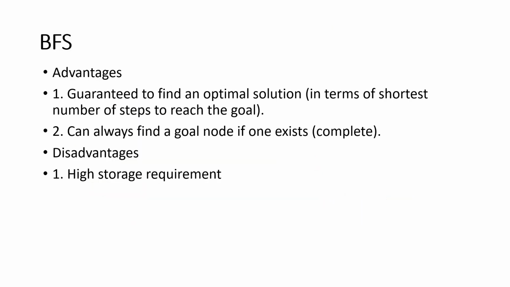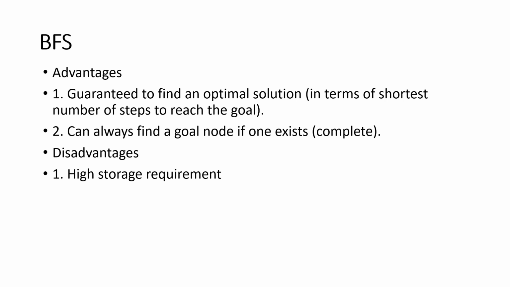Then we will see the advantages and disadvantages of BFS. BFS explores the search space level by level. Therefore, the first time the goal is reached, we can say that it is the shortest path, that is the minimum number of steps. So this is true when all step costs are equal.